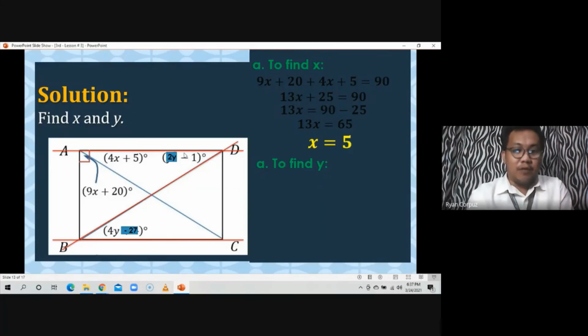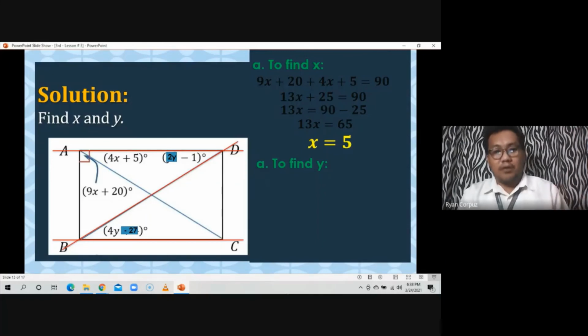If we look at this angle together with this angle, we call them alternate interior angles. And if we talk about the measurements of the angles, alternate interior angles are congruent in measure.